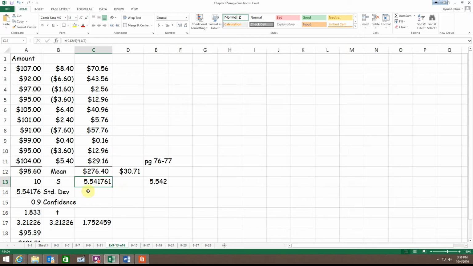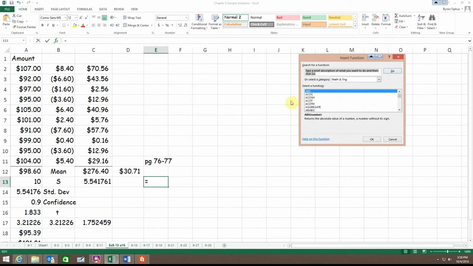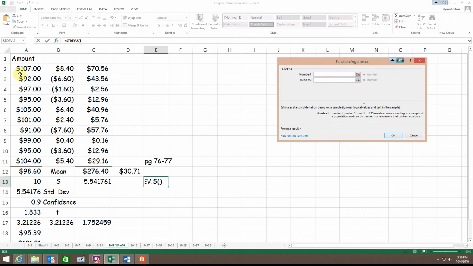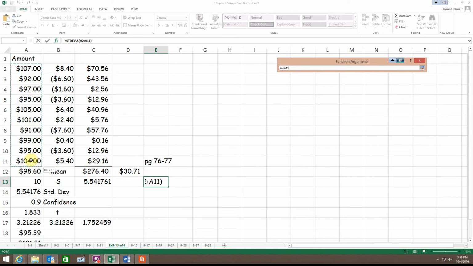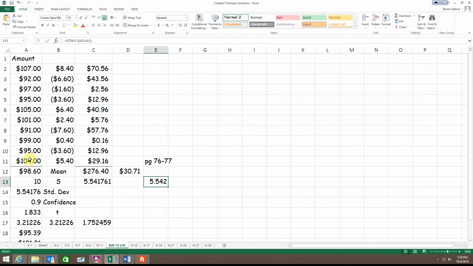Dang, see, I make goofball mistakes like that all the time, and the easier way to do it would have been, of course, to have just come over here and said, I'm going to find the standard deviation, stats, standard deviation of a sample, and capture those, hit enter, and I get the same exact number.